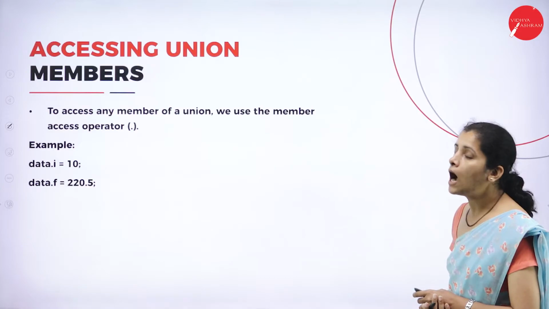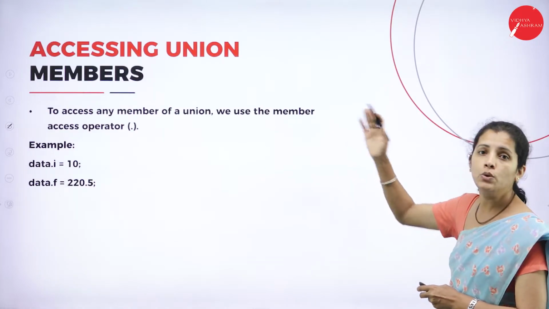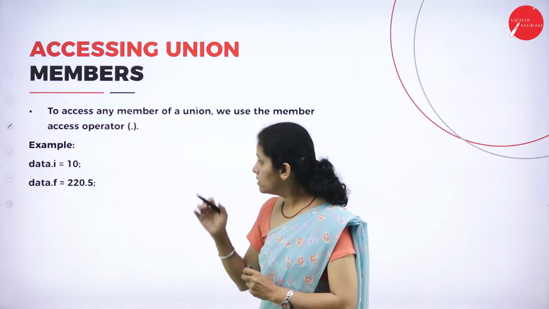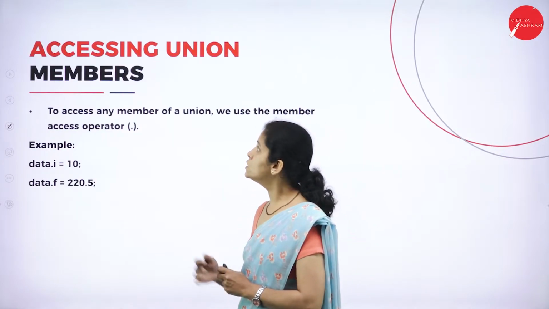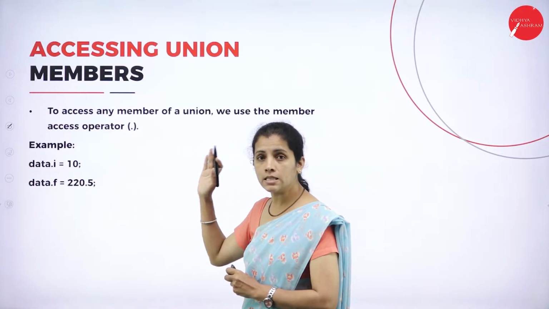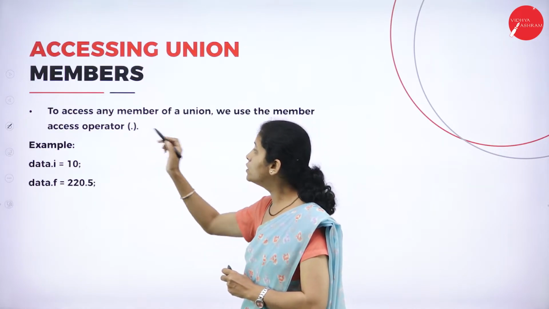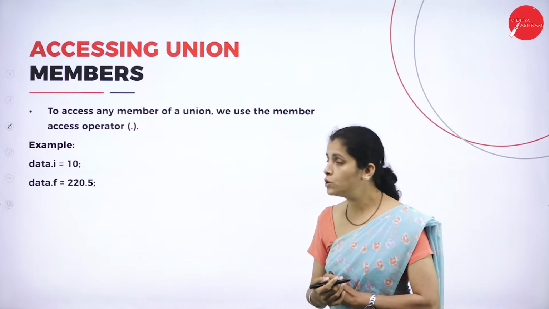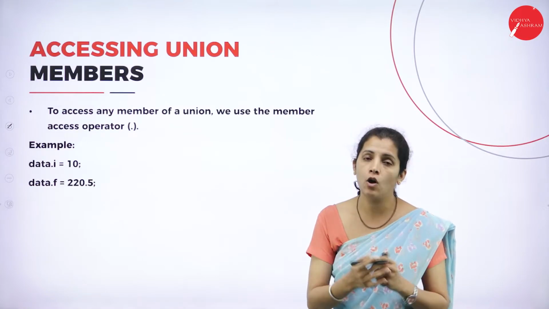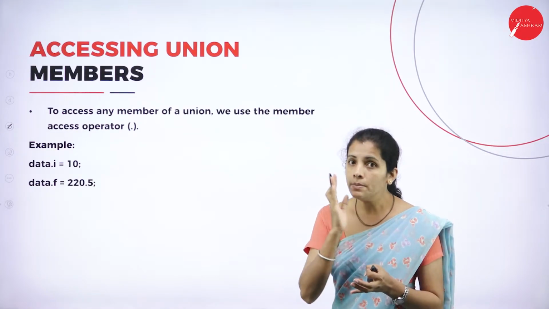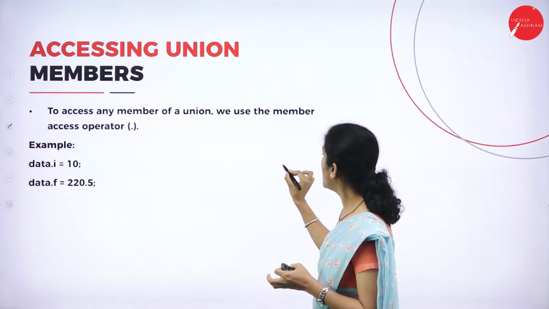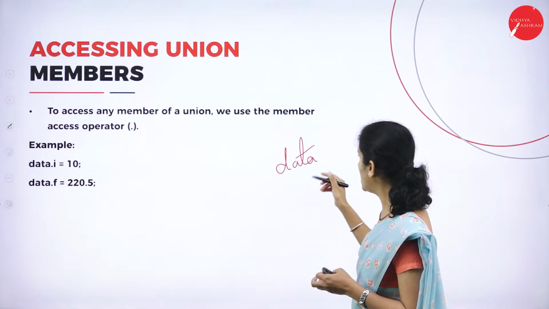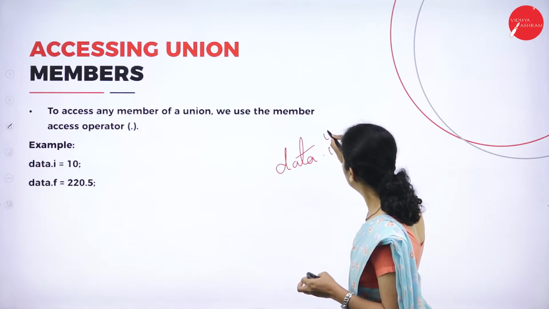Now, dear student, how can I access union members? With the help of the union variable dot data member. To access the members present in the union, I use the dot operator. Similar to structure, first I use the union variable name, that is data dot, and I'm going to use i.